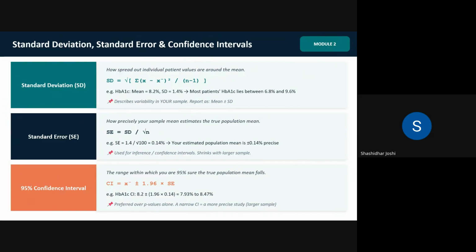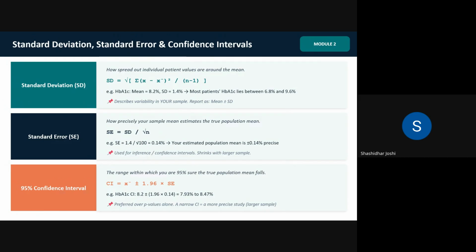Now imagine that the average or mean HbA1c you got from the sample series is 8.2. Then you can say that on average in the population, the average HbA1c is 8.2. Now, how do you precisely know whether it is correct or not? That is where standard error comes in.